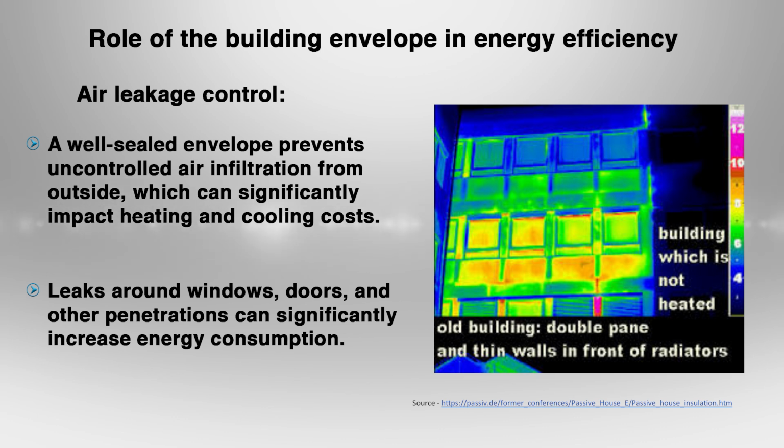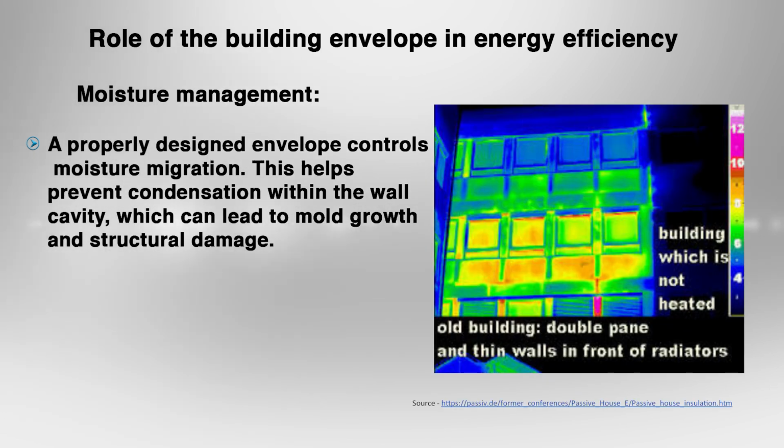Finally, designing the building envelope to respond to the local climate is essential. Strategies like maximizing shading in hot climates or optimizing solar heat gain in cold climates can significantly improve energy efficiency. Now, we will discuss in the next slide key design considerations for an energy efficient building envelope.